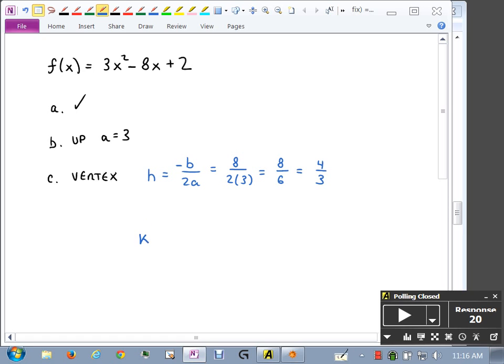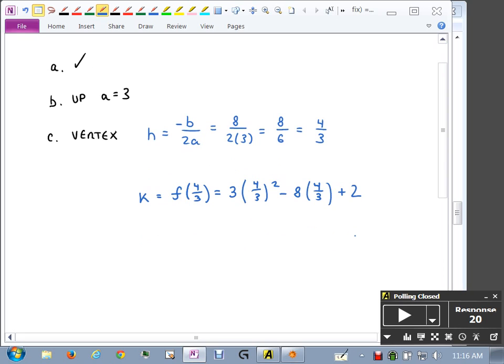The k is what I get when I take that answer, 4/3, and I evaluate the function there. So I plug it into the function. So I just need to be careful here. It's 3 times the 4/3 being squared minus 8 times the 4/3 plus the 2. And we try and work this out. So let me square.